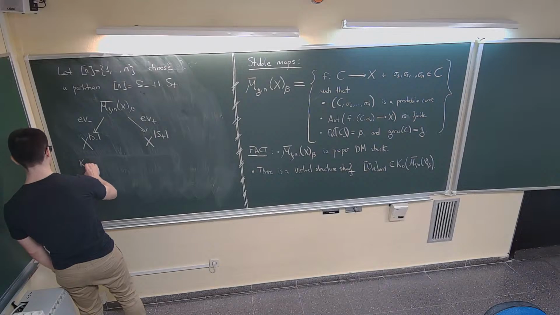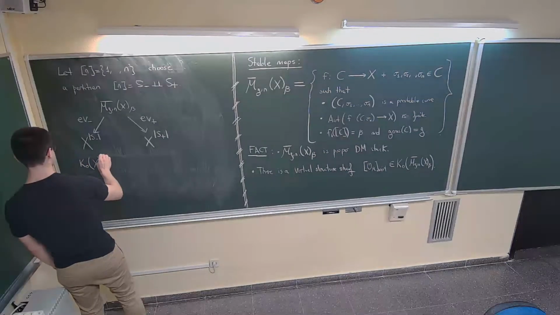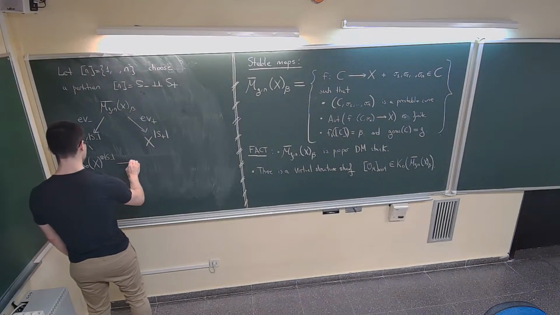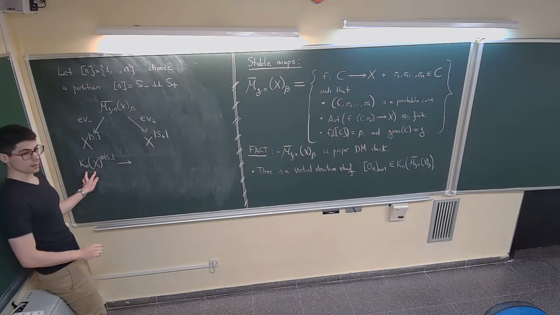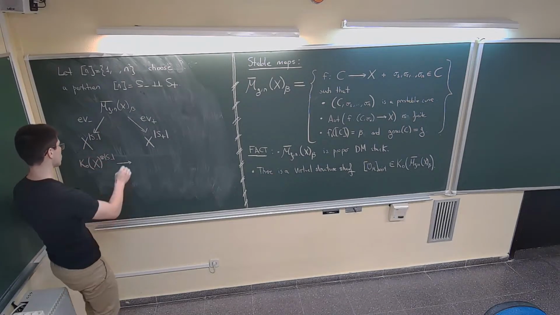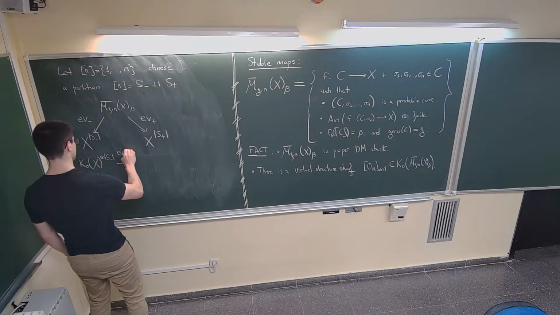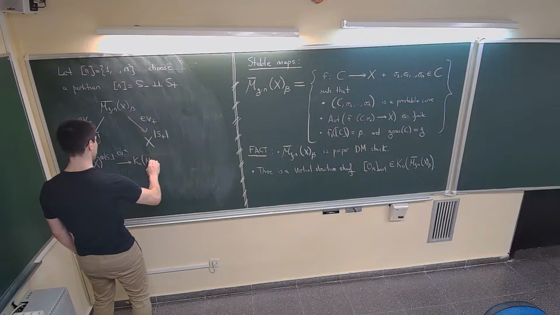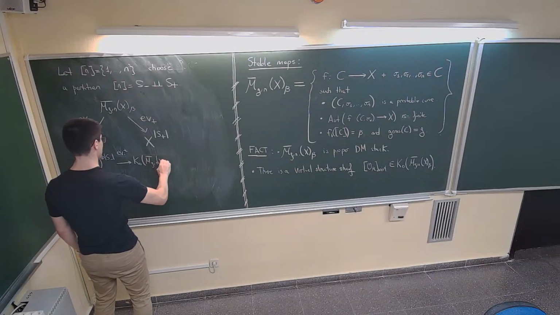I can take the K-theory of X tensored S minus times, view those as a class in the K-theory of X to the S minus, and pull back to the K-theory of the moduli space of stable maps, M bar X beta.